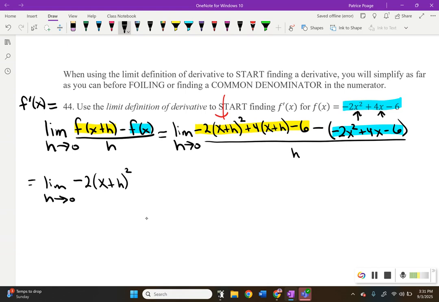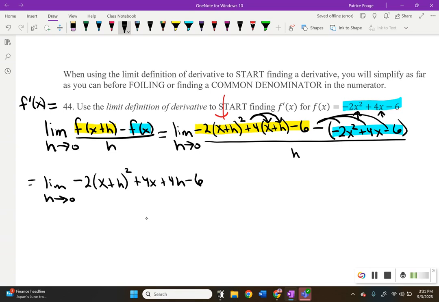Here I distribute the 4 through and get plus 4x plus 4h minus 6. Over here I distribute my negative sign through the blue part and get plus 2x squared minus 4x plus 6.